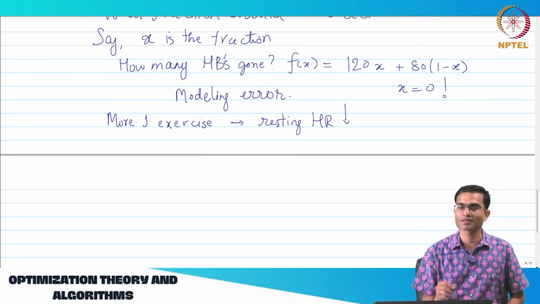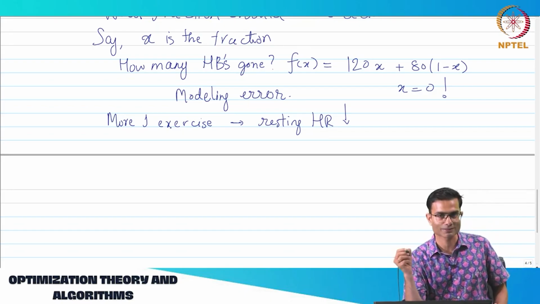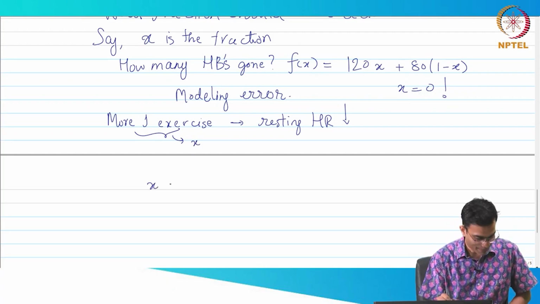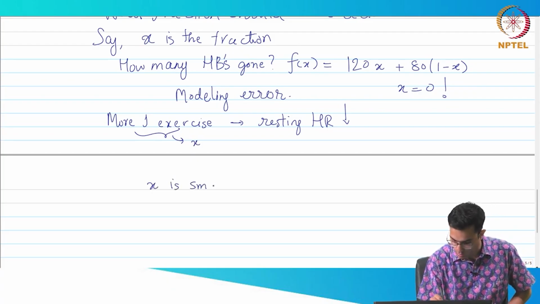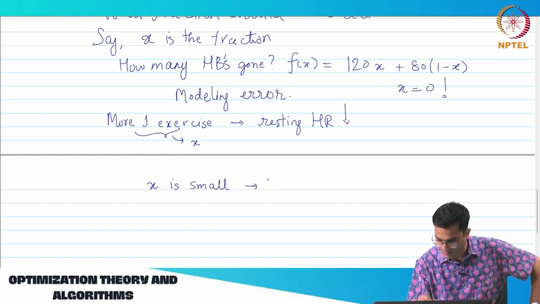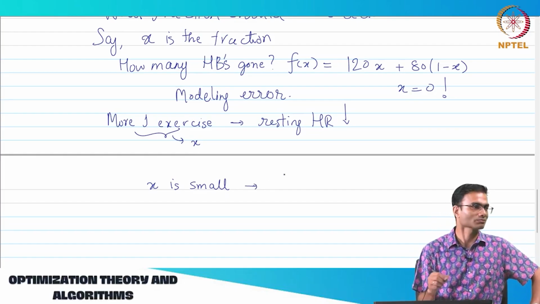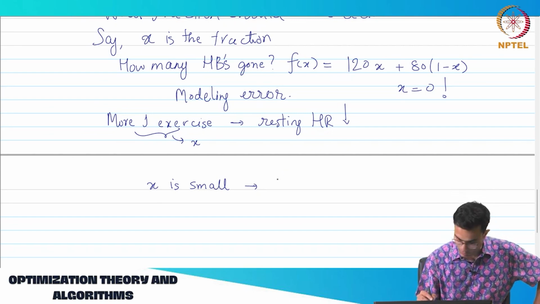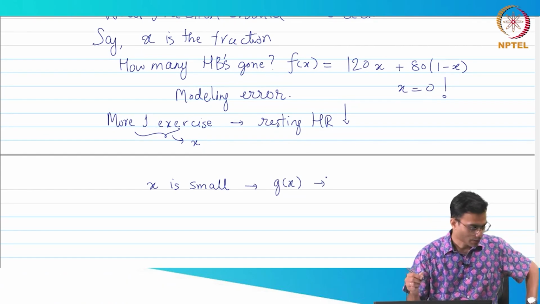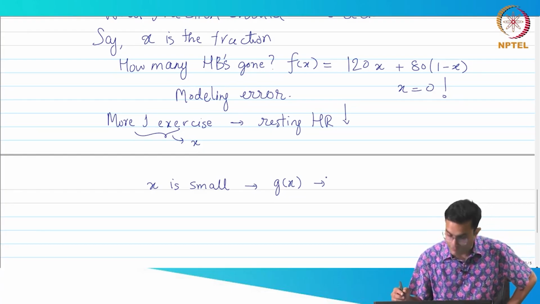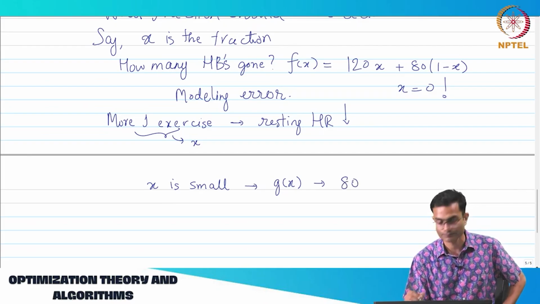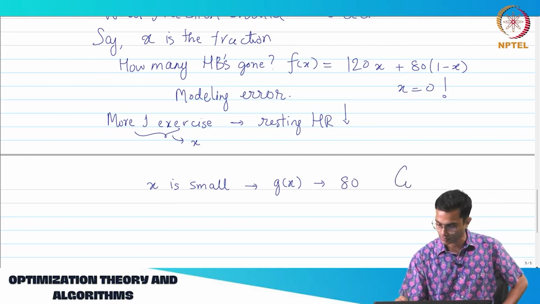So more I exercise corresponds to our variable x itself, right? So this is x. So when x is small, I'm going to call this resting heart rate, instead of 80, I'm going to call it by some other word. Okay. So g of x. If I don't exercise enough, my resting heart rate, let us say, is 80. Couch potato.